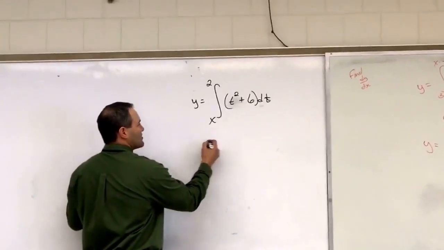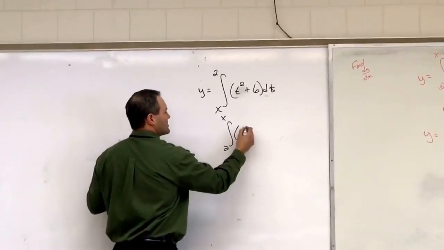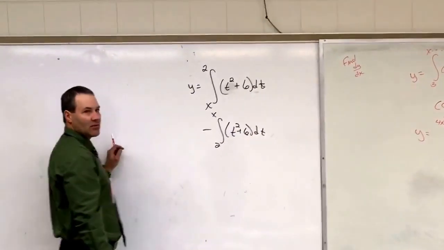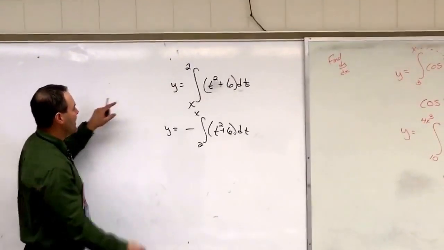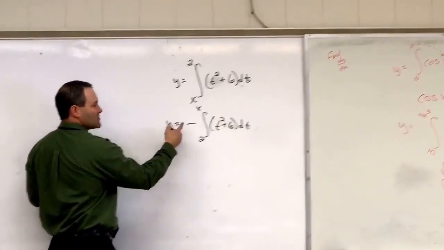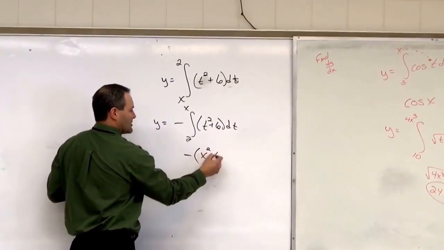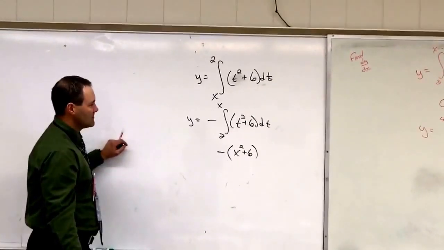That's one of our properties we learned yesterday. So it's from 2 to x of t squared plus 6 dt. But now we have to negate it, right? And we are finding the derivative, so we can drop it in, so it's negative x squared plus 6, and we're done.